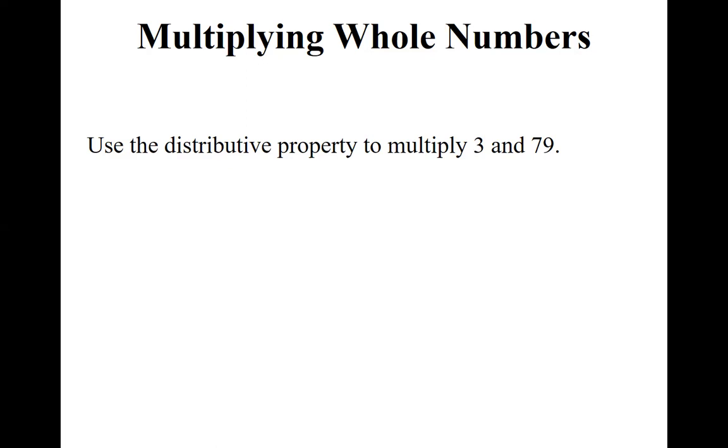Use the distributive property to multiply 3 and 79. Well, here's a nice use for it that doesn't involve this x that's coming. 3 times 79, that's a big number. We actually don't know how to do that yet.